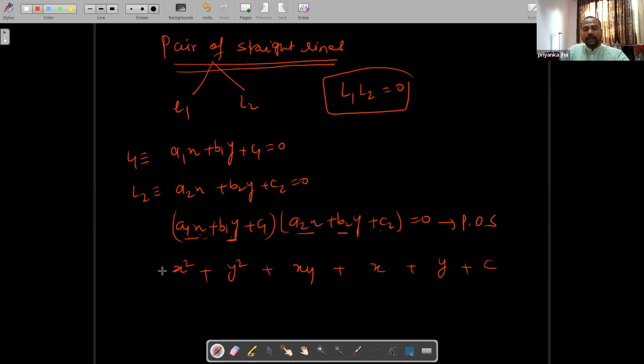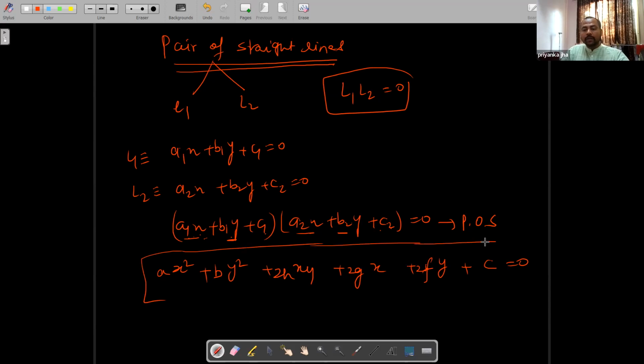So let's say ax squared, where a is the coefficient of x squared, the coefficient of y squared is b, the coefficient of x into y is 2h, the coefficient of x is 2g, and this is 2fy, plus c equal to 0. After solving this, you will get this kind of equation.